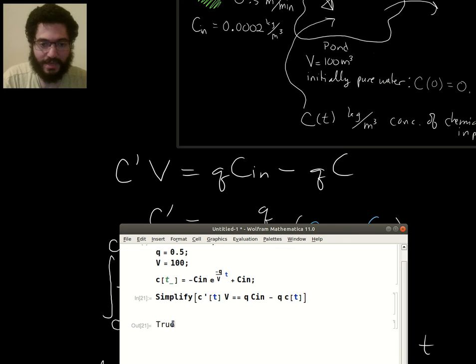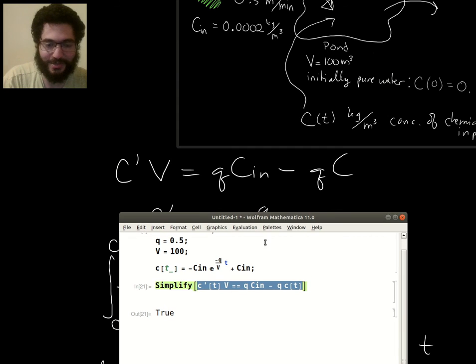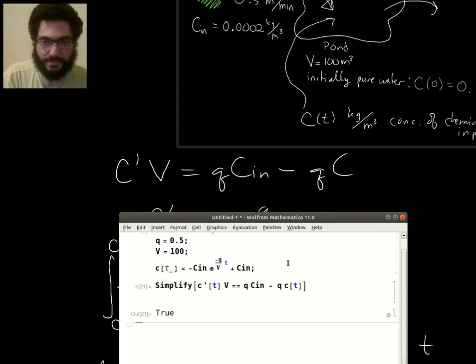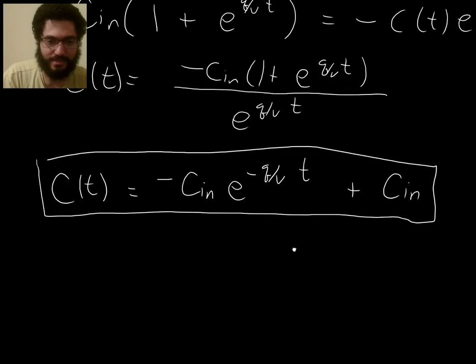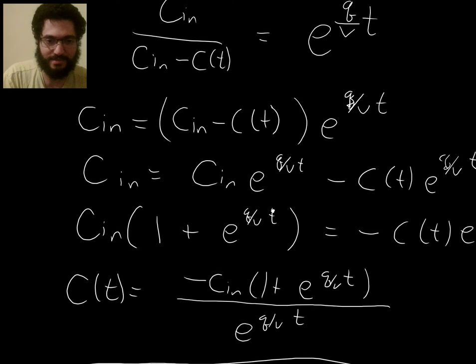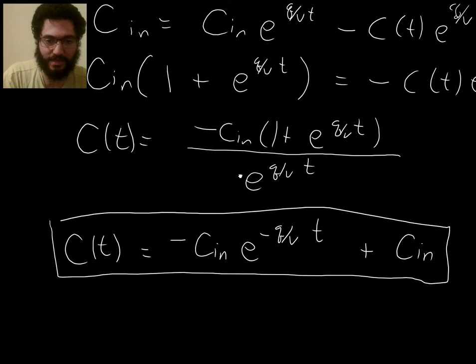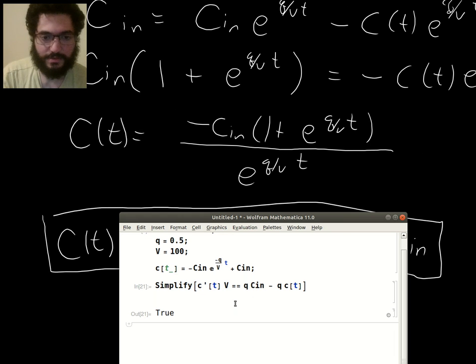When I evaluate that, I get True. So the equality simplifies to true, meaning it is a true equality. So the differential equation holds. Great, that means I did it right. I'm personally a little bit surprised that there were no mistakes, except for that one weird thing with the log of a negative. So I'm feeling pretty good about this.